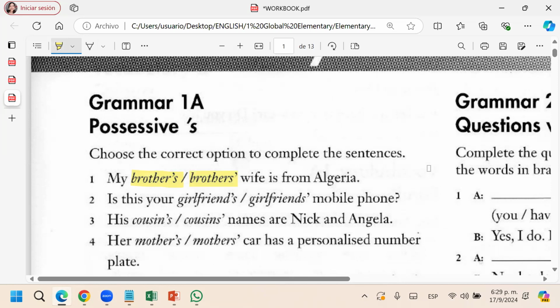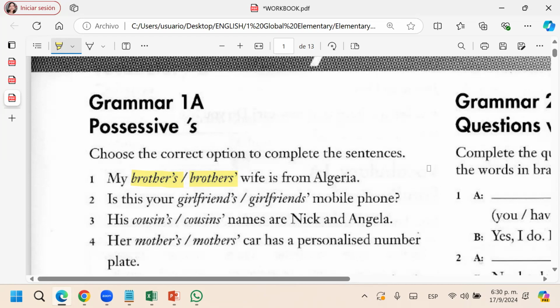The first. Daniela, what do you think? The first or the second? The first.